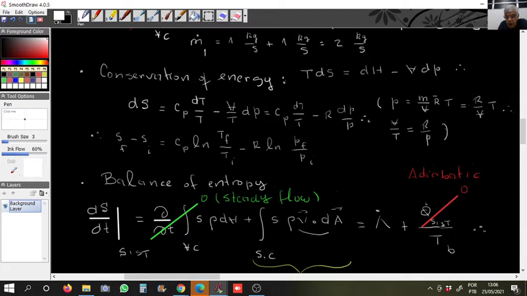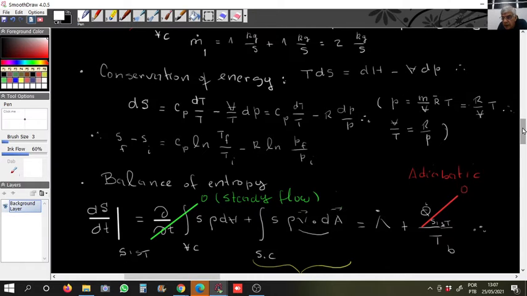As you know, TdS equals the differential of enthalpy minus the volume times dP. Dividing both members by T, I have dS equals Cp dT over T minus R dP over P. If I integrate, the final entropy minus the initial entropy is Cp times the natural log of T final divided by Ti, minus R times the natural log of the final pressure divided by the initial pressure.